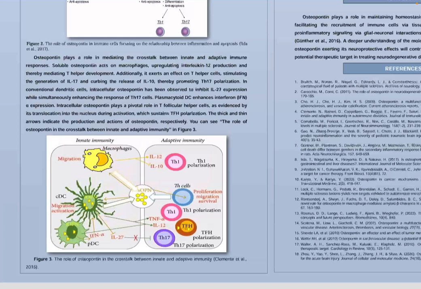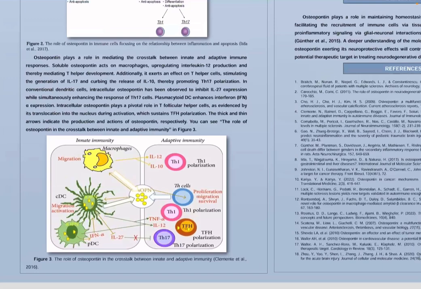In conventional dendritic cells, intracellular osteopontin has been observed to inhibit interleukin-27 expression while simultaneously enhancing the response of Th17 cells. In plasmacytoid DC, it enhances interferon alpha expression.